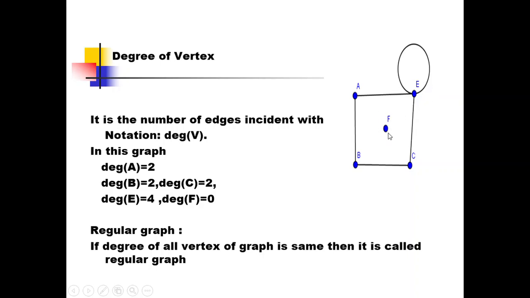And the degree of F is 0, because there are no connections with F. So that is the degree of a vertex.